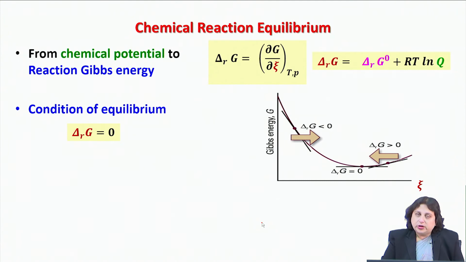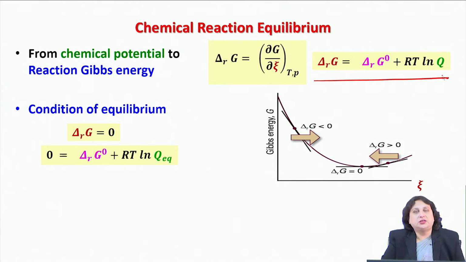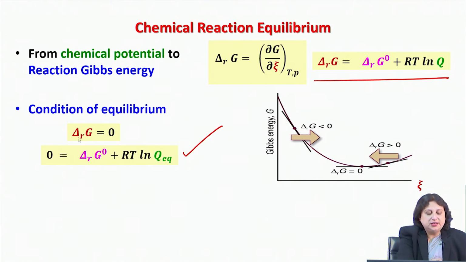Now, we have already discussed that when the system is in equilibrium and delta Rg is equal to 0, then if I put this expression into this equation, this is what we are going to get. So delta Rg means this side is 0.